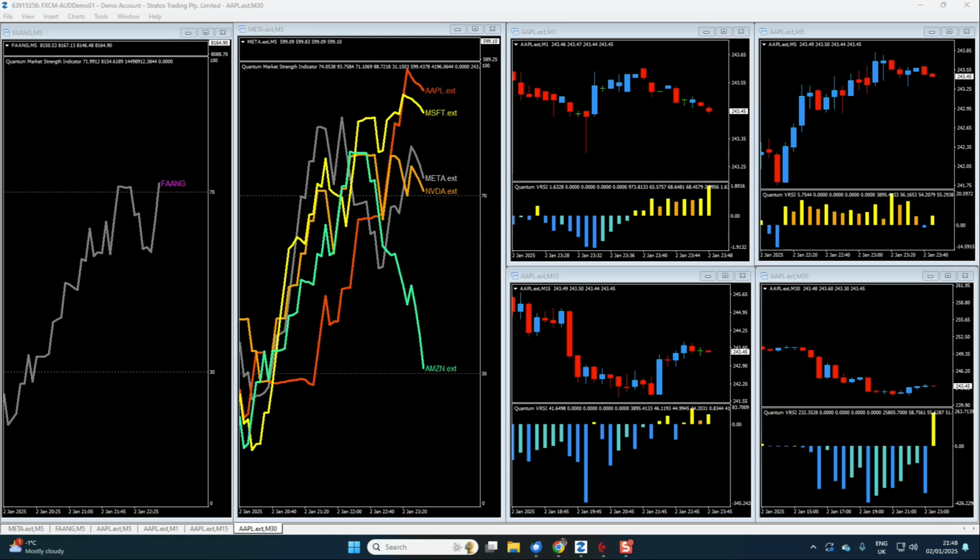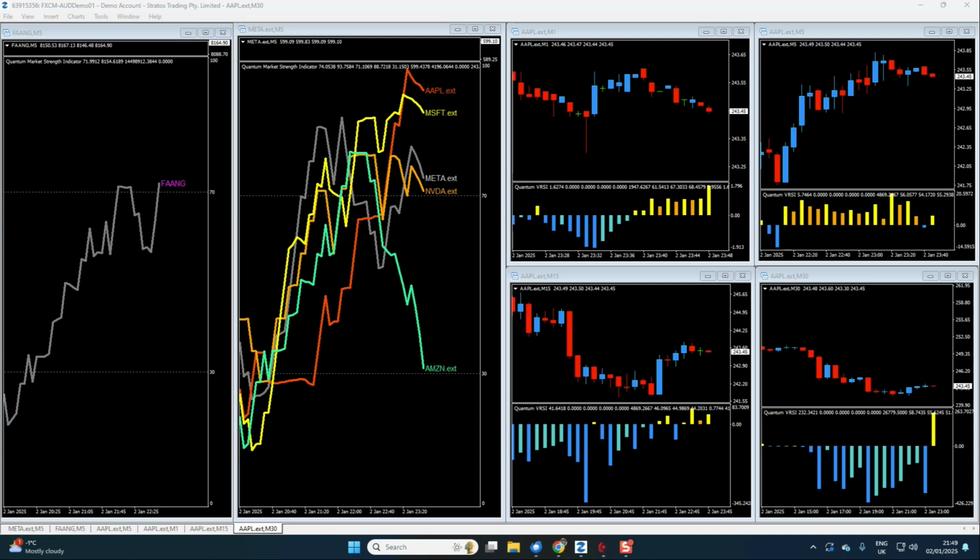What I've done here is create the stocks against this FANG index, which looks at the 7 or 8 primary stocks that make up the FANGs group. The FANGs index itself is tracking up on the left-hand side in the first panel. In the second panel, on the same time horizon, we've got 5 key stocks: Amazon, Nvidia, Meta, Microsoft, and Apple.